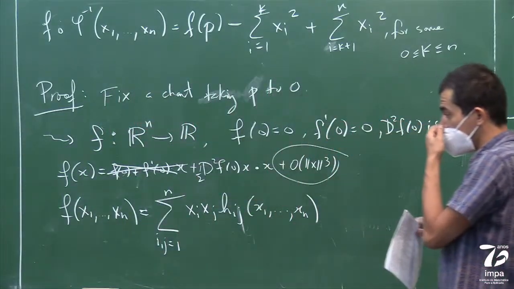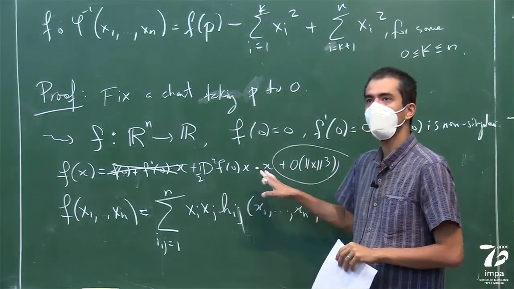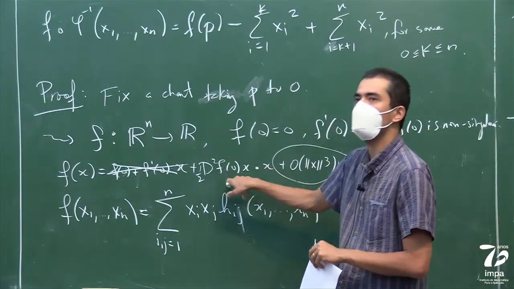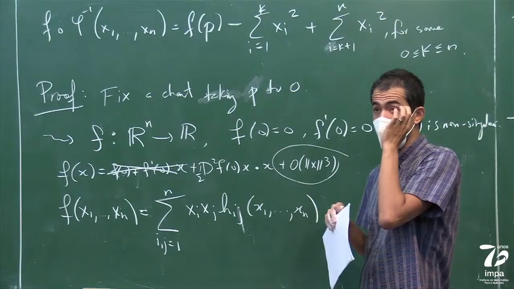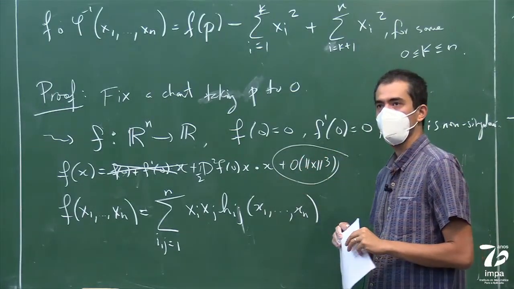So this is what you're going to do to begin with. In other words, you're going to write this thing quadratically, but at 0, this hij is going to be half of the second derivative, though it's not going to be this linear thing. It's going to have some other terms.